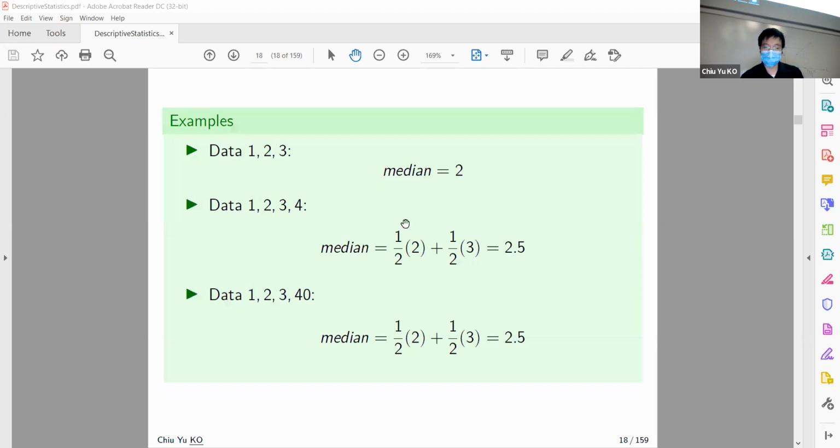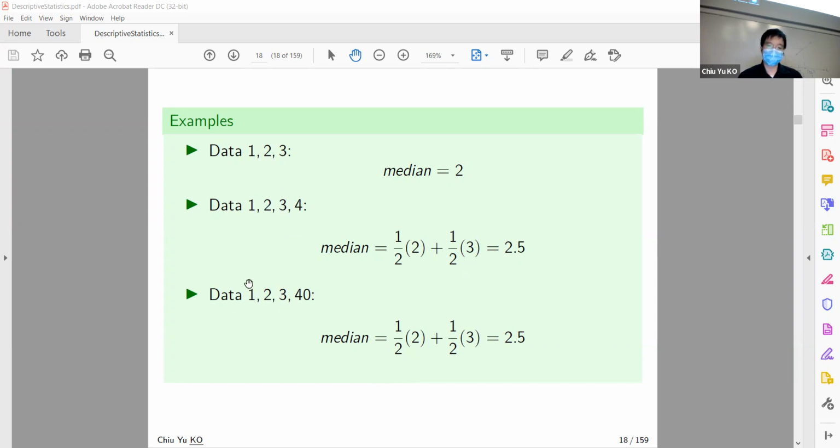Okay, so just the example again, just to make sure that you really got it. 1, 2, 3, the middle one is 2. 1, 2, 3, 4: for 4 observations, 4 plus 1 is 5, 5 divided by 2 is 2.5. So it's basically the second and the third one, and we take the average of those.